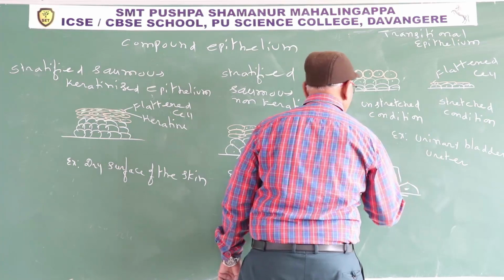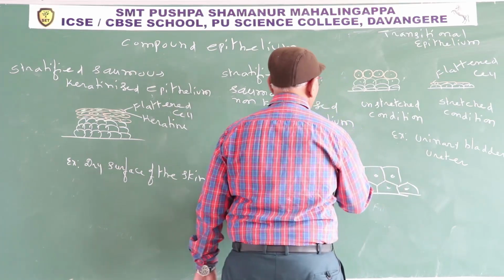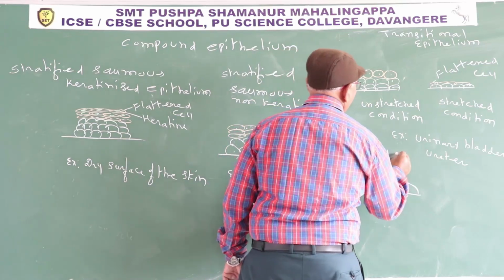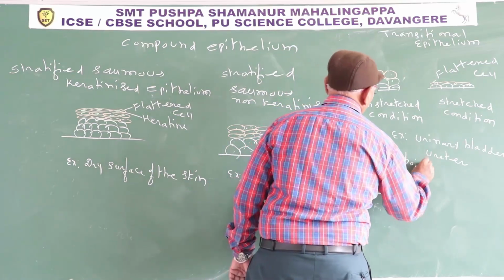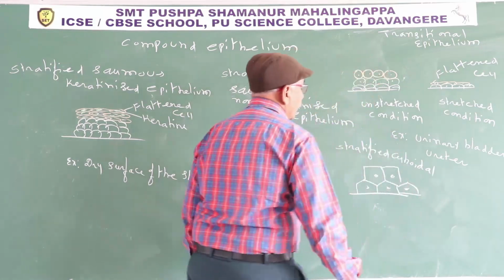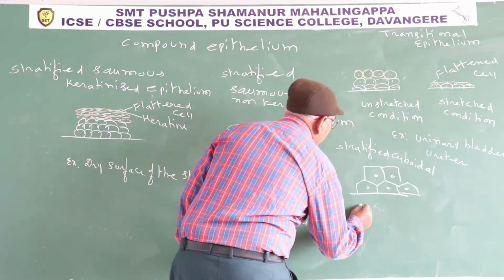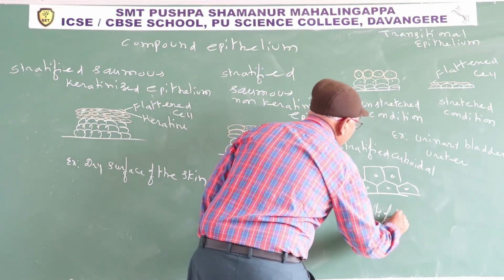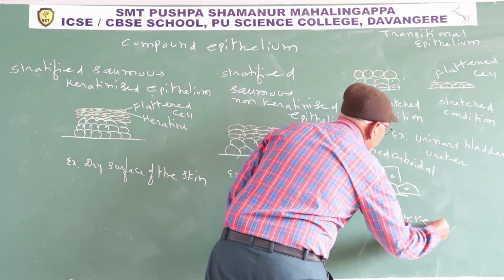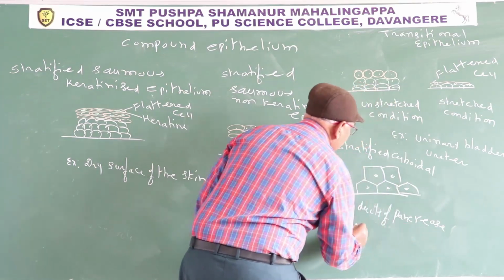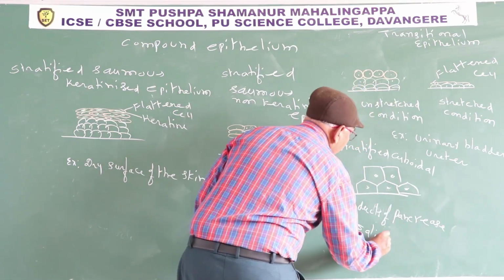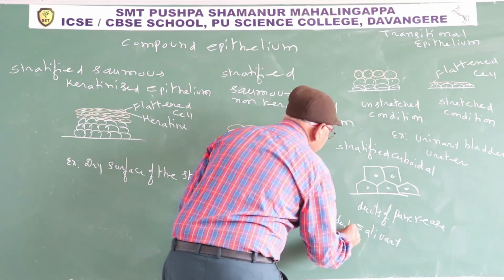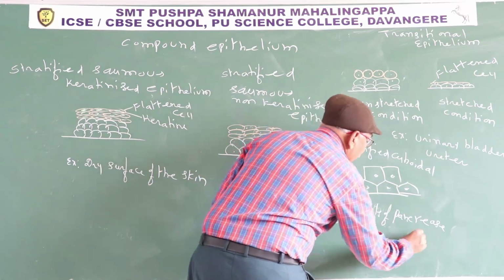Cuboidal cells are arranged in several layers, so it is known as stratified cuboidal epithelium, present in the ducts of pancreas and ducts of salivary glands.